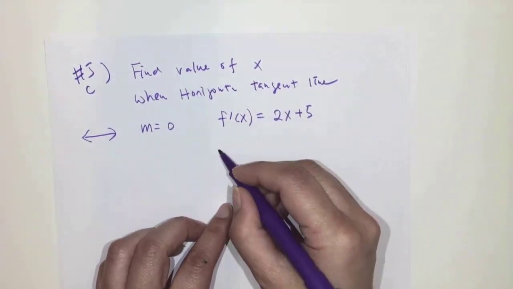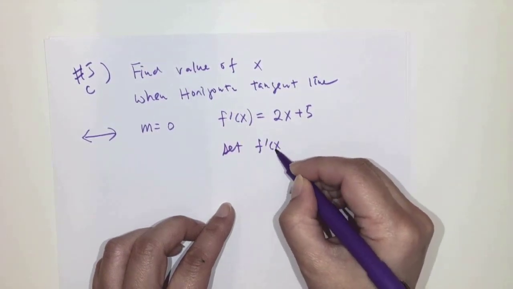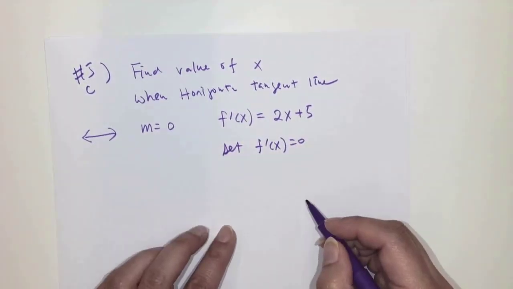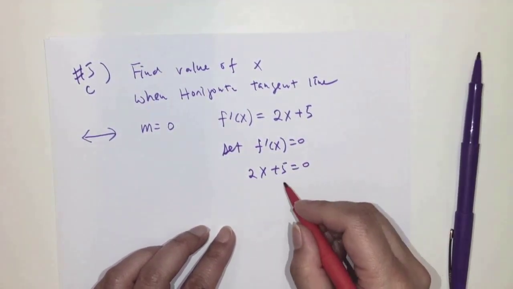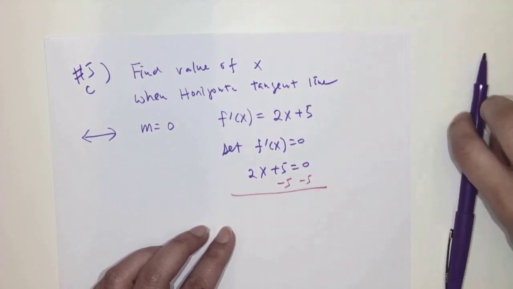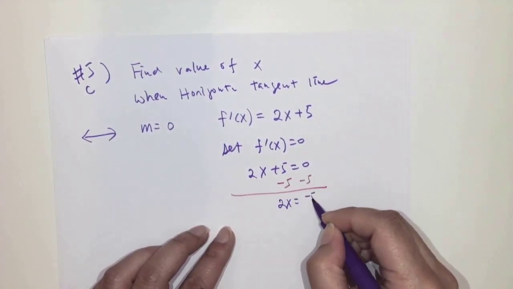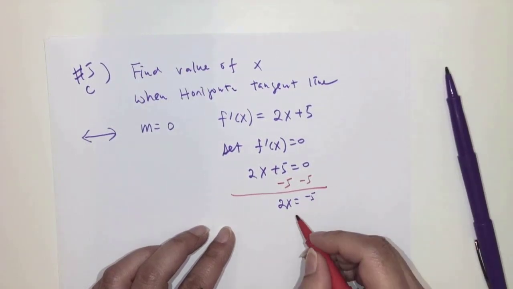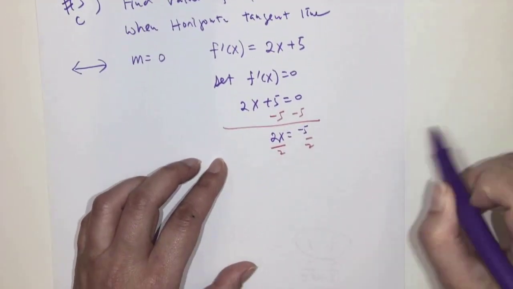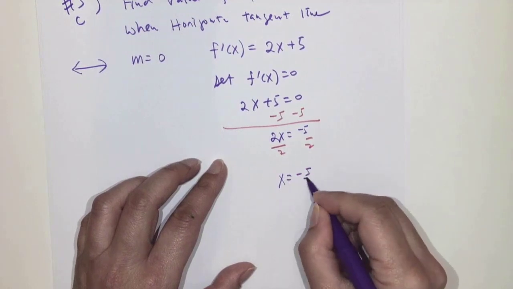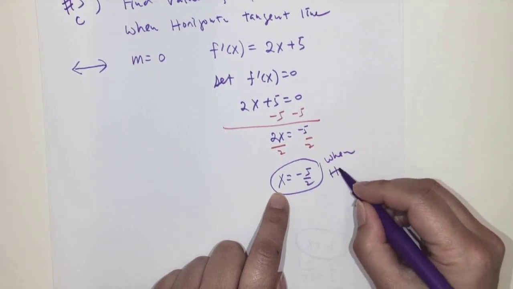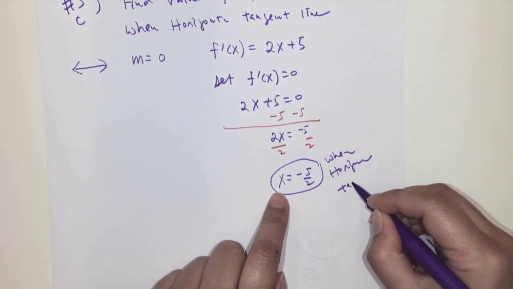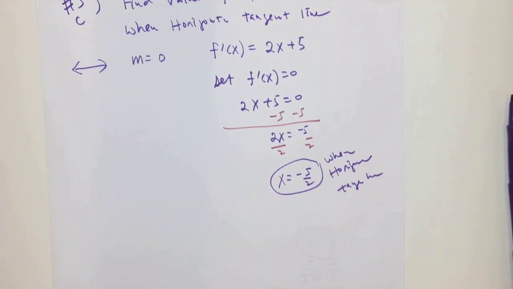So all we need to do is set the slope of the tangent line equal to 0 to find the x value. So we will set 2x plus 5 equal to 0. Solve for x. We can subtract 5 first. 2x equal to negative 5. And divide both sides by 2. So x equal to negative 5 over 2. So that's your x value when you have a horizontal tangent line, because the slope will equal 0.